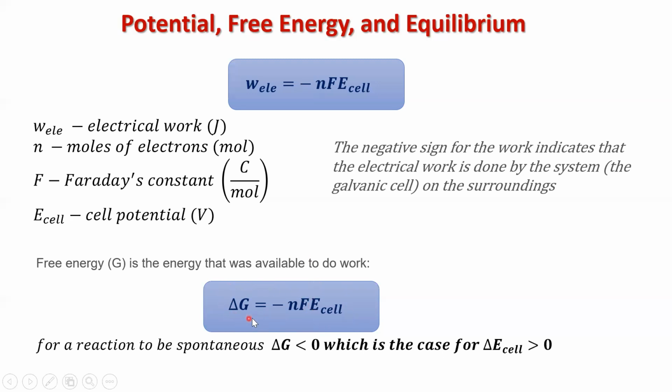If delta G is a negative value, we know that means it's a spontaneous process. We learned that in a previous chapter. And if delta E for our cell, our reduction potential value for our cell, is positive, we know that the process is going to be a spontaneous process.